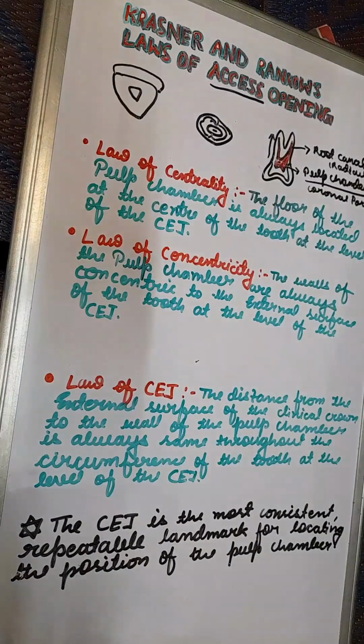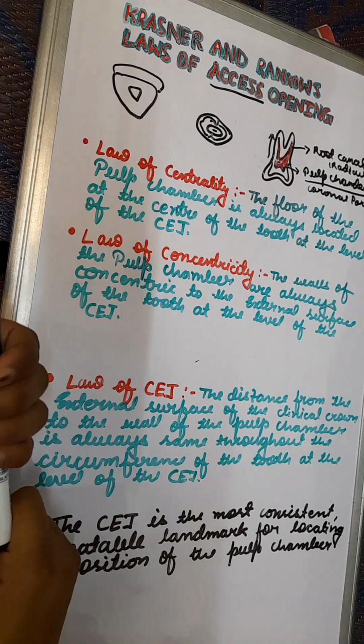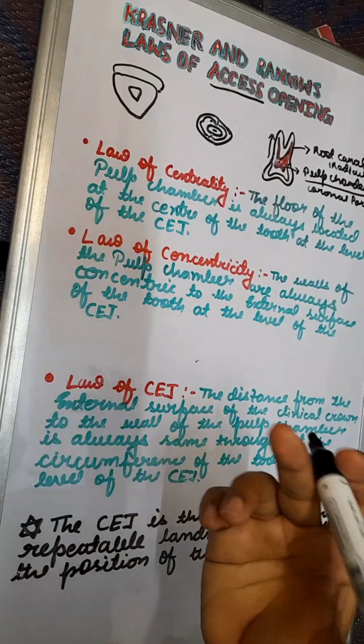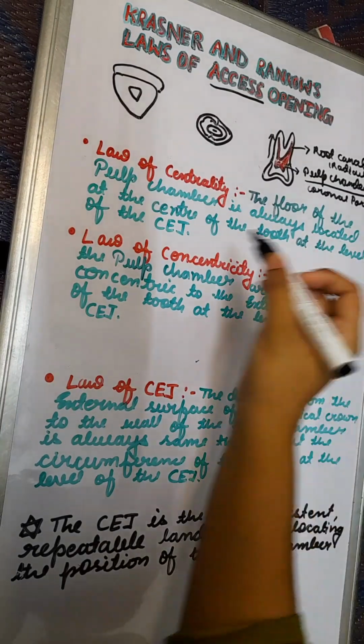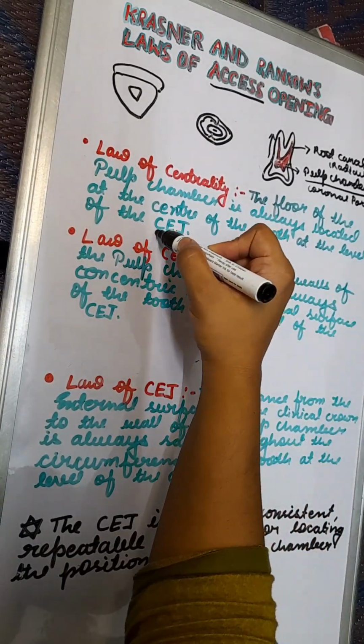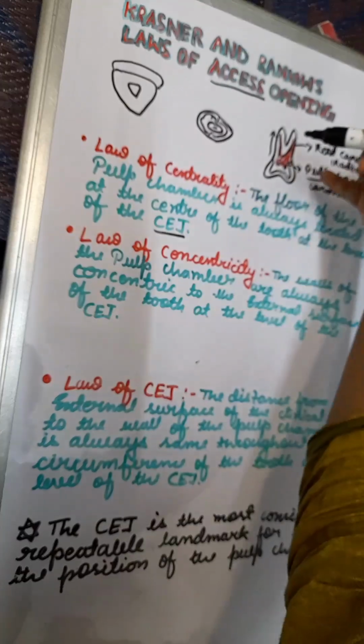So, we will be learning about the law of centrality, that is, the floor of the pulp chamber is always located at the center of the tooth at the level of the CEJ.